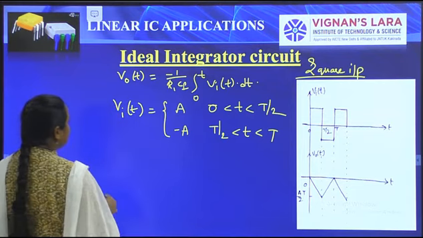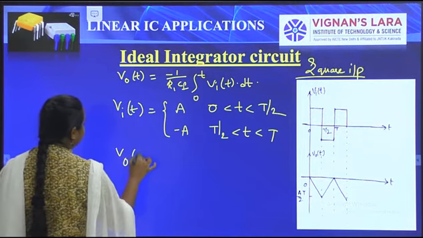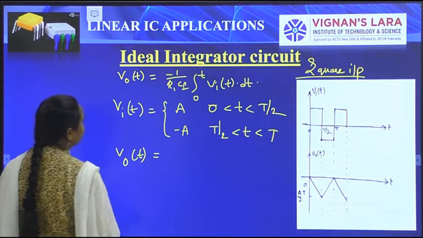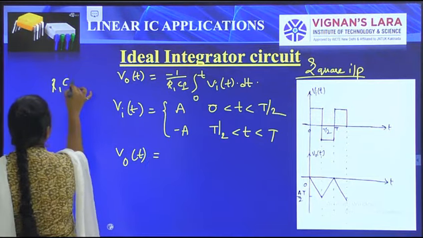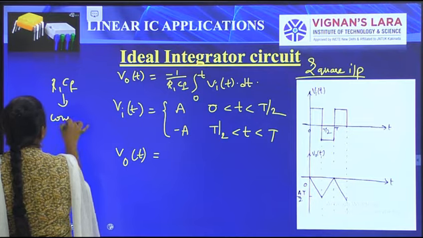So here the output becomes V output of t is equal to minus 1 by R1 CF. R1 CF is a constant term.